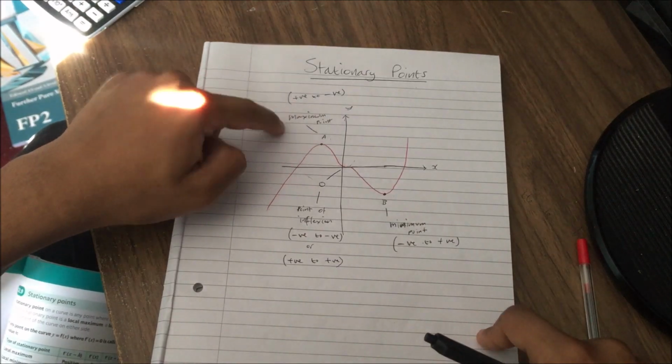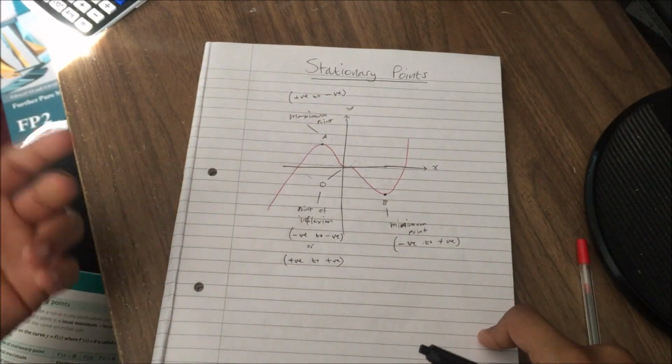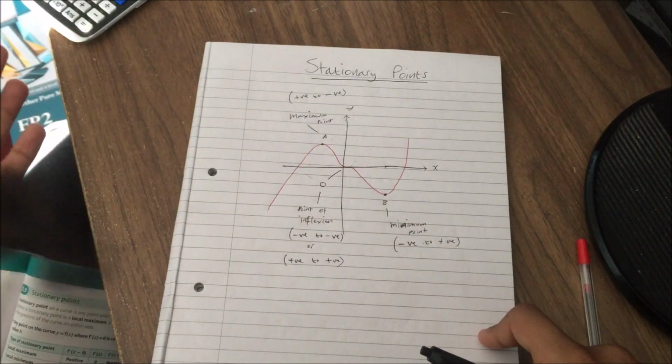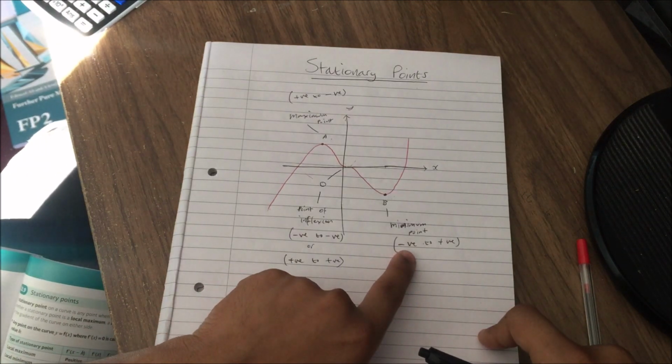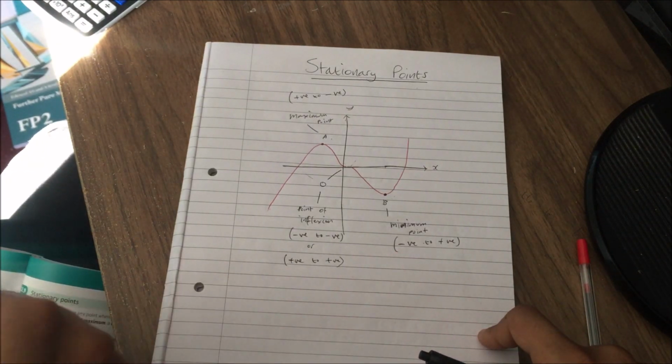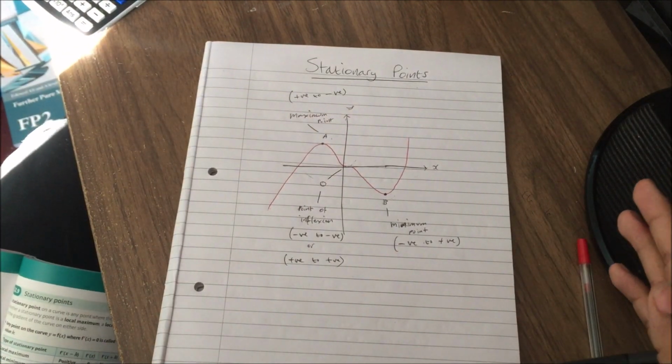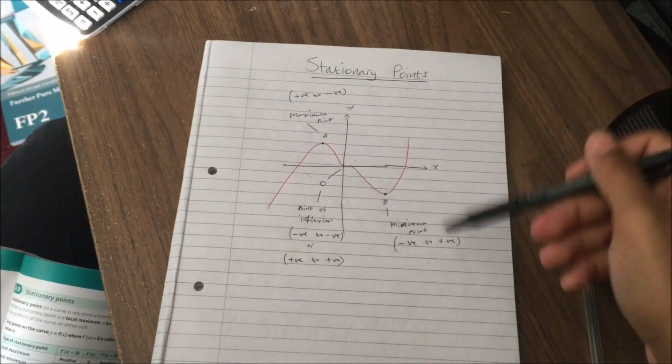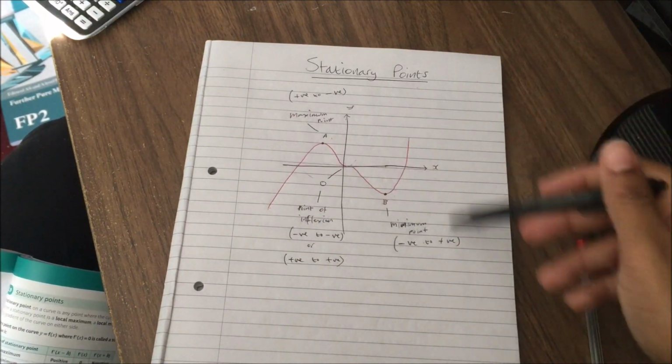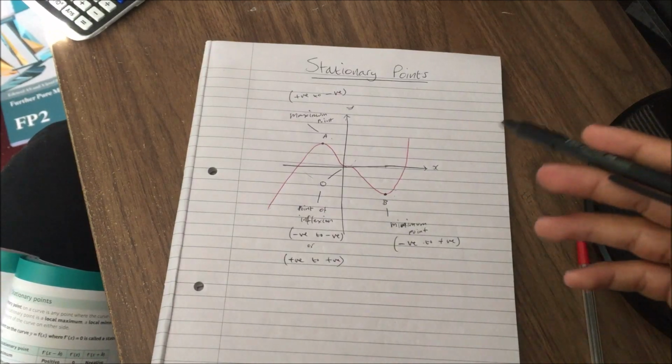The plural of maximum is maxima, and the plural of minimum is minima, because you might have more than one maximum point, or more than one point of inflection or minimum point. That's just how it works.